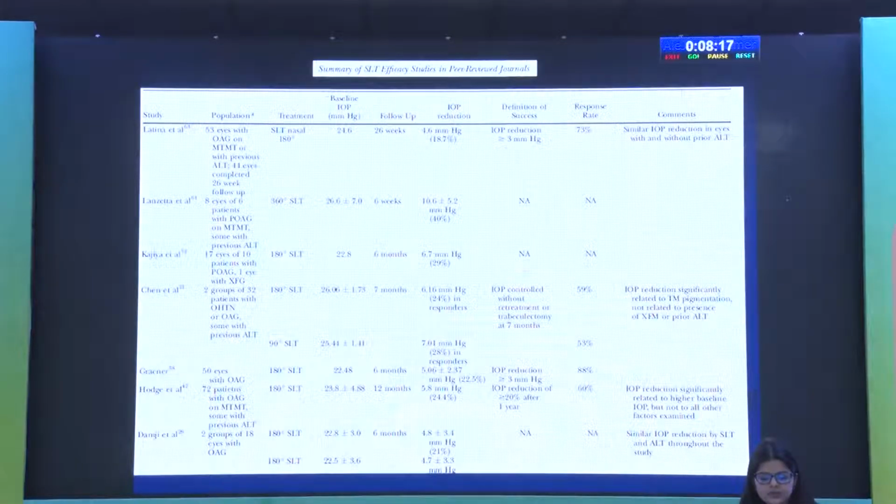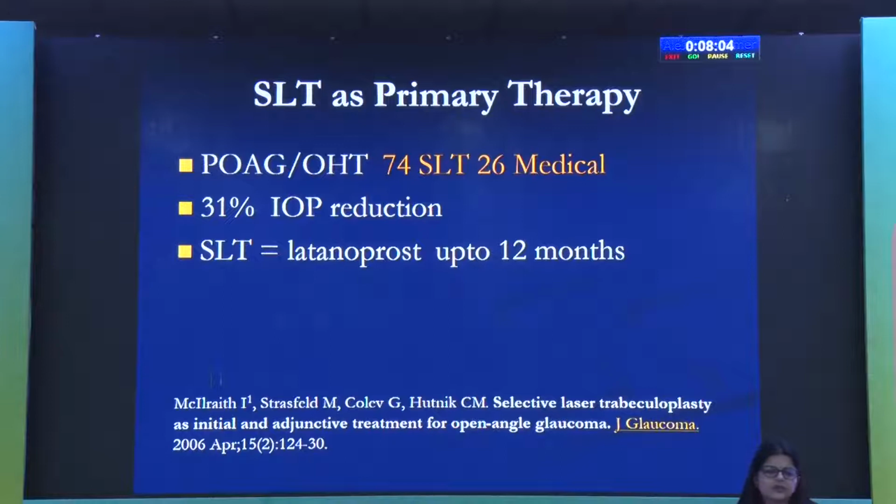SLT has been used in many studies now, since its first description by Latina et al. There's enough data to suggest that laser trabeculoplasty is effective in reducing intraocular pressure, and we are now using SLT as a primary therapy more and more. To quote one of the studies, ocular hypertension and POAG patients were treated with SLT or medical treatment in a randomized trial.